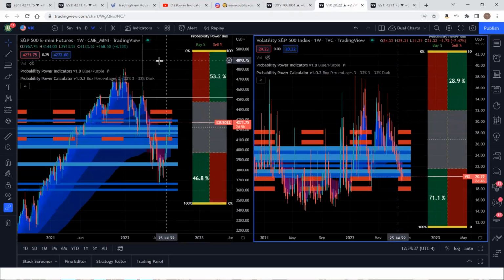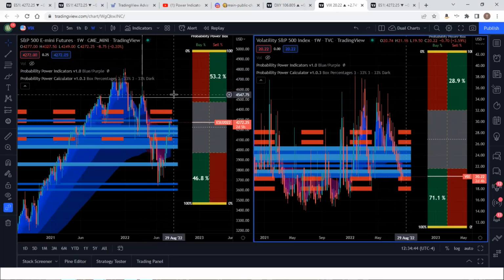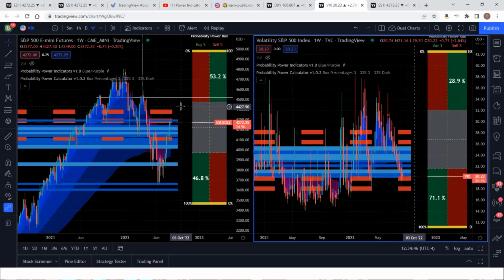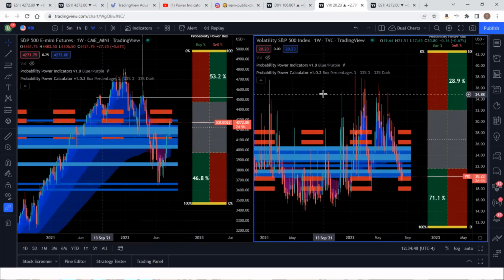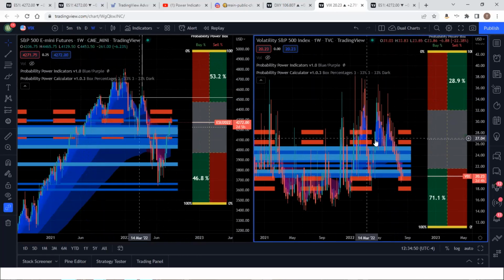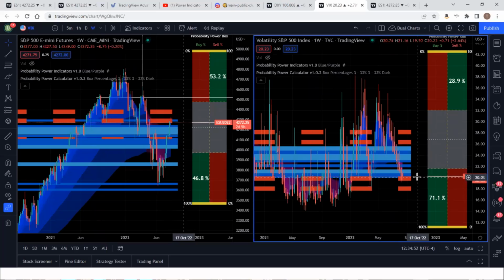Now I also want to take a look at the still weekly charts of the ES, S&P futures on the left, and the VIX chart on the right. You can see on the VIX, we have some very important support here at the 20 area and around the 18 level. So 20 to 18 is going to be very strong support on the VIX.